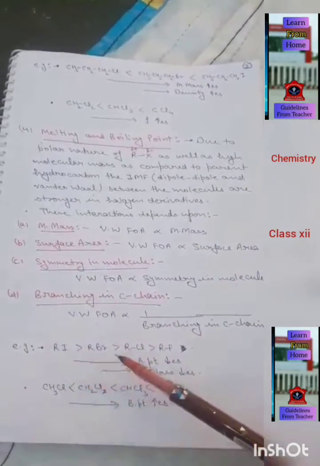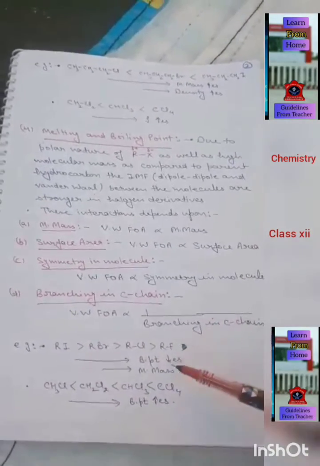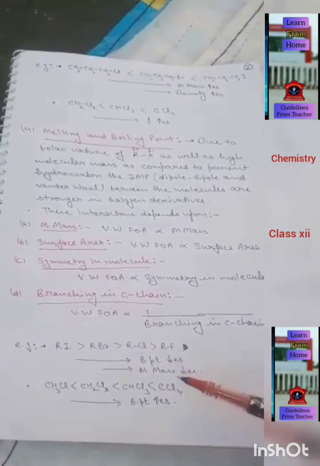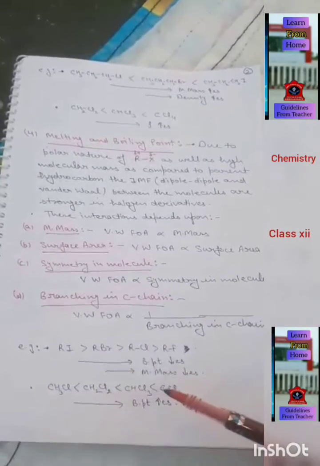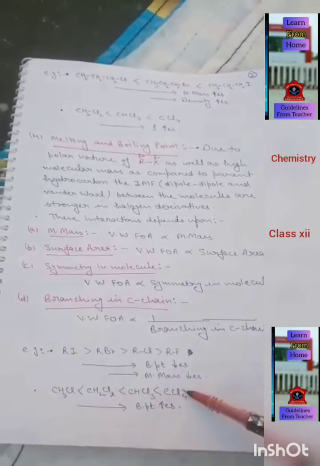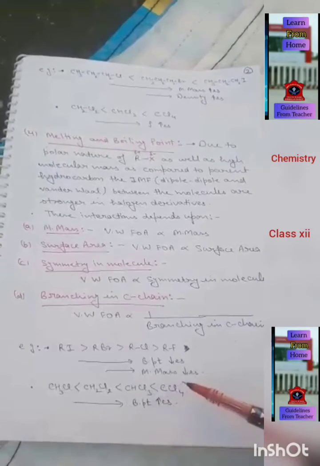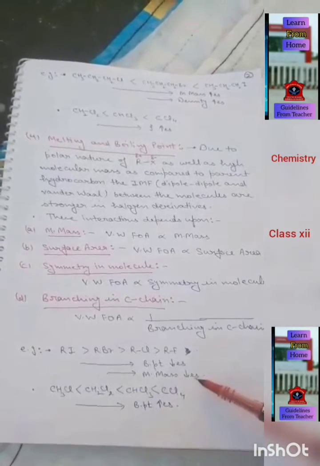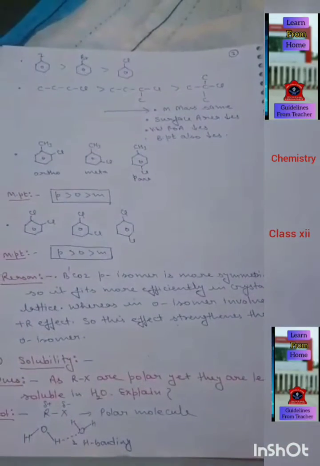As we move from left to right, mass decreases, so boiling point also decreases. Similarly, in case of CH3Cl, CH2Cl2, CHCl3, CCl4, mass increases continuously as we increase the number of chlorine atoms, so boiling point increases.